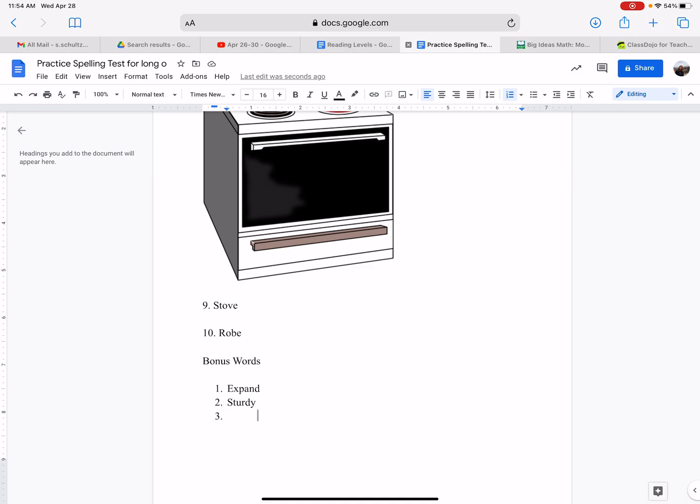Glance. I quickly glanced at my homework assignments, but I did not start on them. Glance.